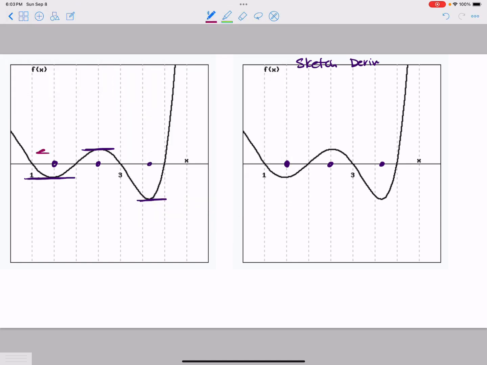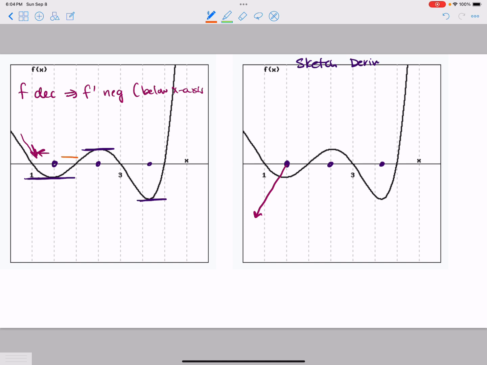Before this point, on the left side, my function is decreasing. If f is decreasing, that means that f prime is negative, and negative means below the x-axis. So I'm going to be below the x-axis before that point.